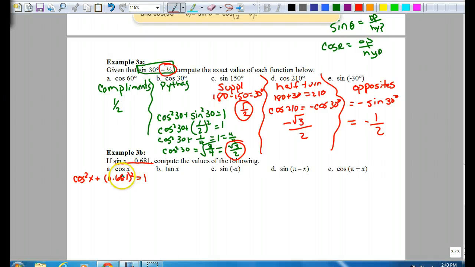If you square it and then subtract it, you're going to end up with cosine squared x equals 0.536. I did 2 steps there. And then you have to square root it. So if we take the square root of both sides, we have cosine x equals, and I found 0.732.